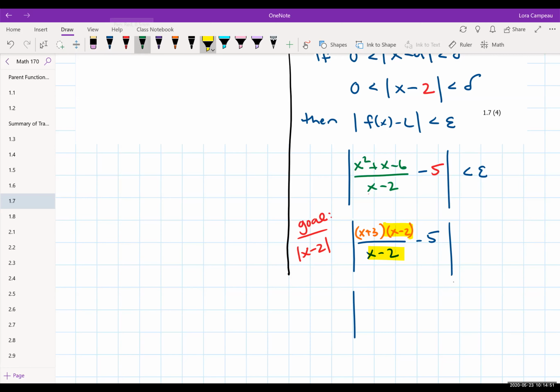So while I'm going to be careful about this, I'm going to see if I can rewrite it so that I have an x minus 2 over x minus 2 that's actually multiplied by the x plus 3. I'll do that still in blue for you. We still have a minus 5 on the outside. And again, we're still less than epsilon all the way through.